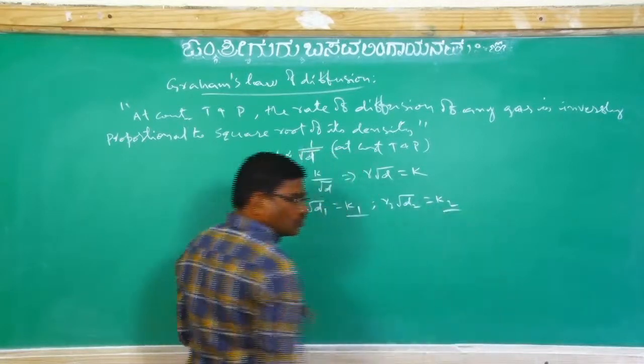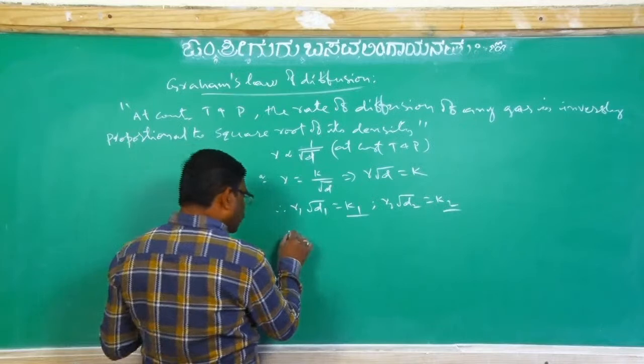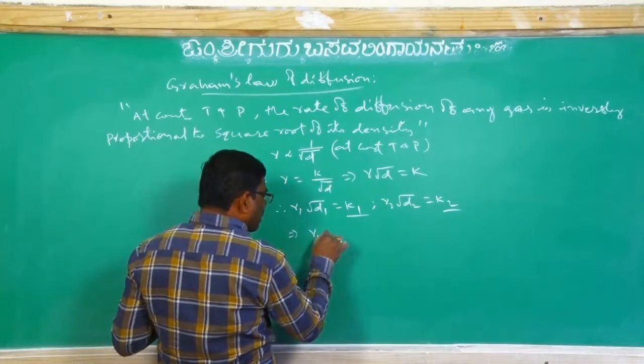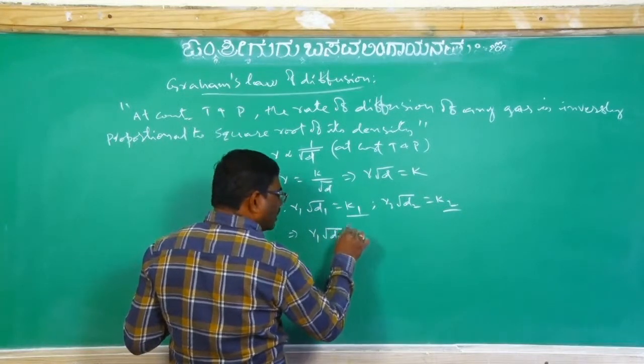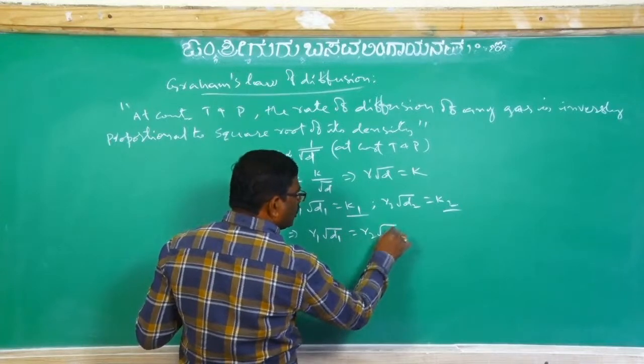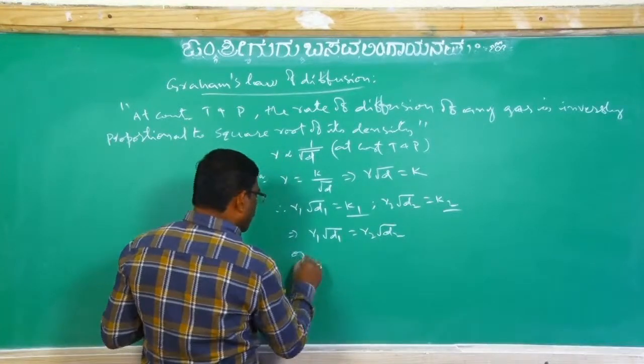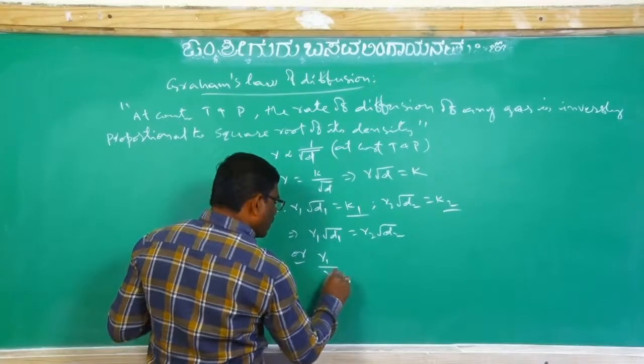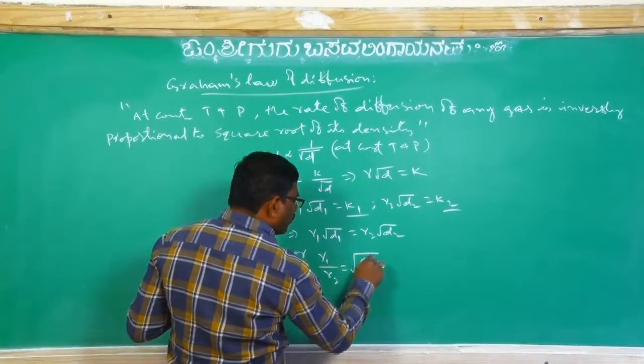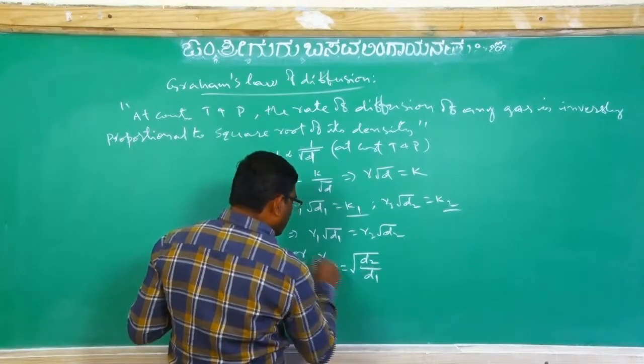Here K1 and K2 RHS are constant. Therefore, that implies R1 into root D1 is equal to R2 into root D2, or R1 by R2 equal to square root of D2 by D1.